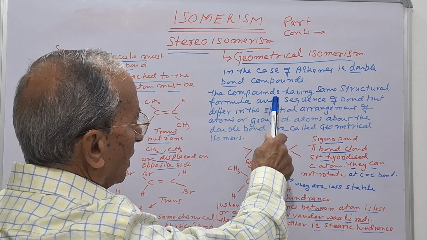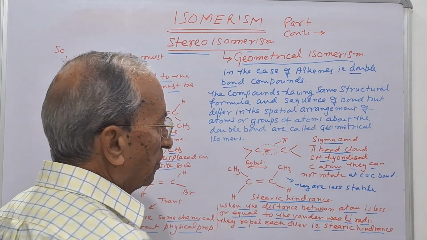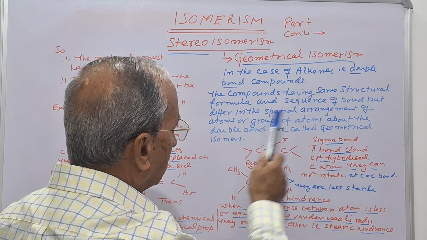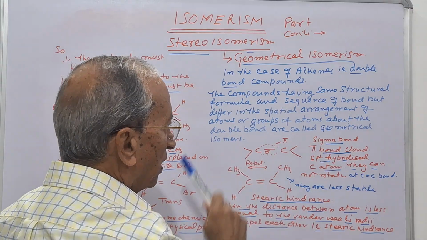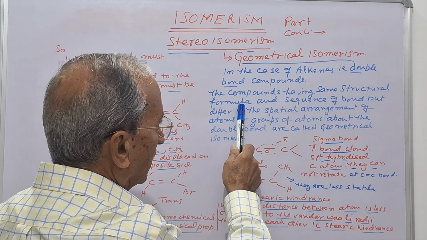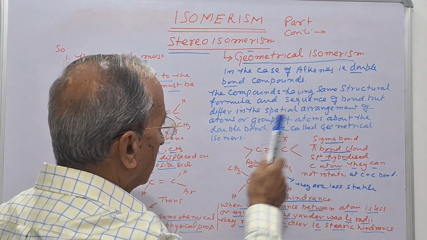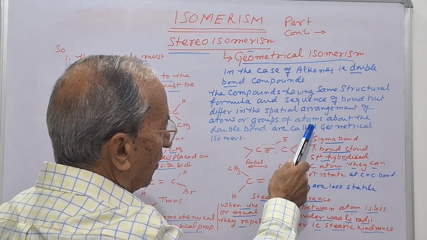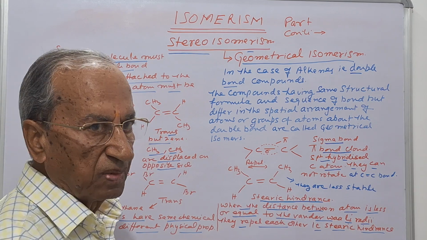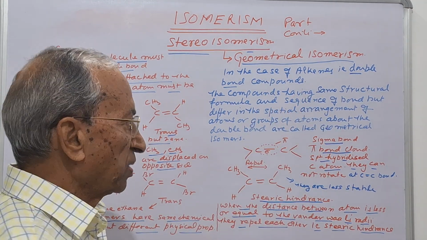Here, compounds having the same structural formula and sequence of bonds but differ in the spatial arrangement of the atoms or groups of atoms about the double bond are called geometrical isomers, and this phenomenon is known as geometrical isomerism.